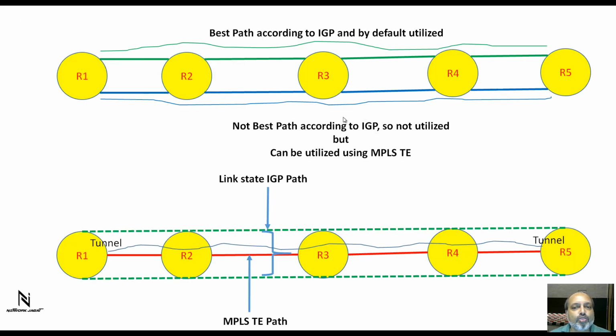Once again, back to this diagram. Here, suppose this green and blue, these are two TE paths. Why have we made two TE paths? Because we want to maintain this TE path as a backup, right? So this should be our primary TE path and this should be the backup TE path.